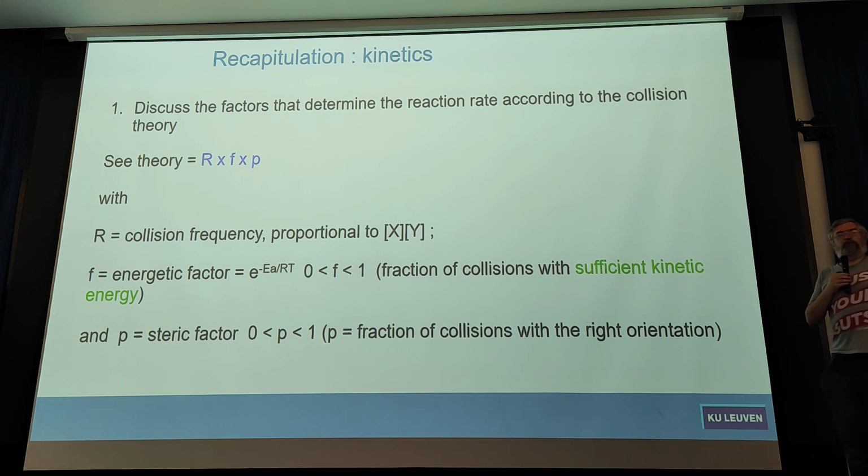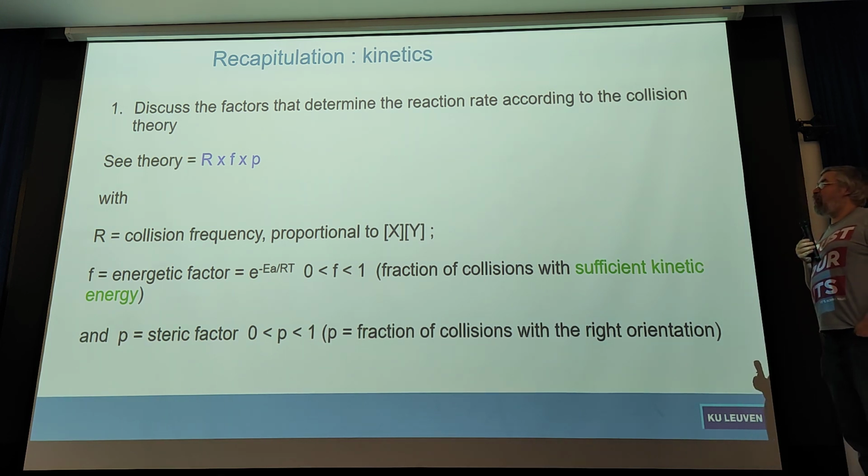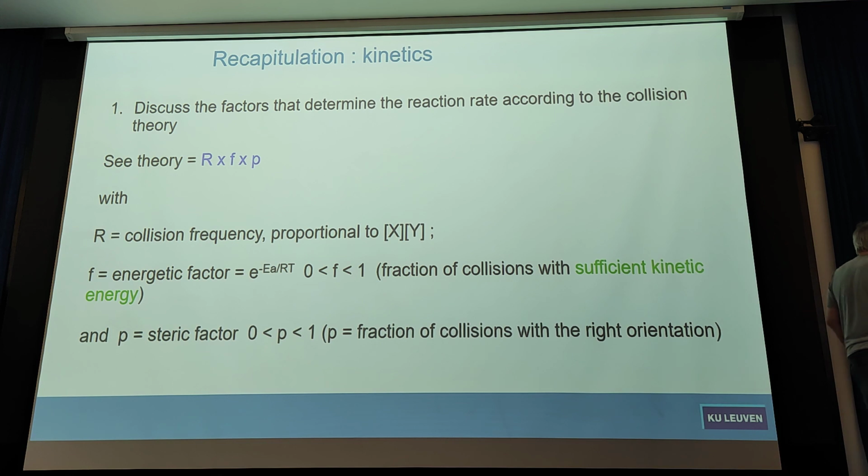So I left a few assignments at the end of the chapter on kinetics, and one of them was more a theory question, and it says, okay, discuss the factors that determine the reaction rate according to the collision theory, and indeed there are three factors, R, F and P, with R being the collision frequency, and therefore the chance of two particles X and Y meeting each other, and that's of course directly proportional to their concentrations of X and Y. So this is something that we already see in the rate equation, because concentrations are in the rate equation.